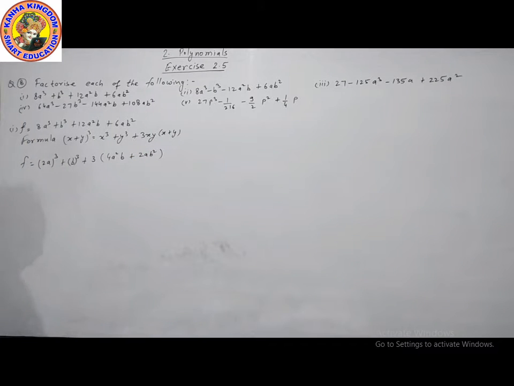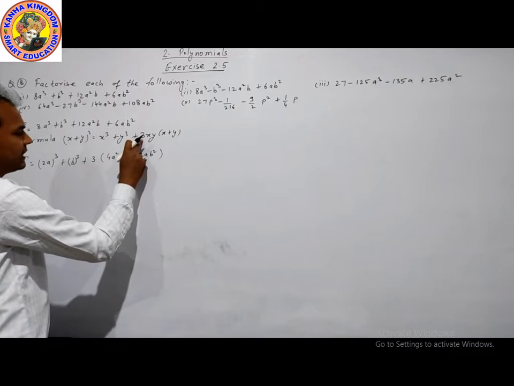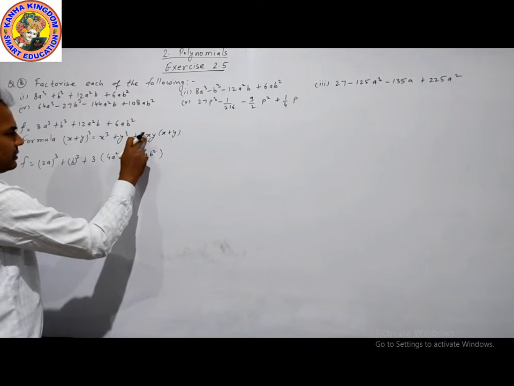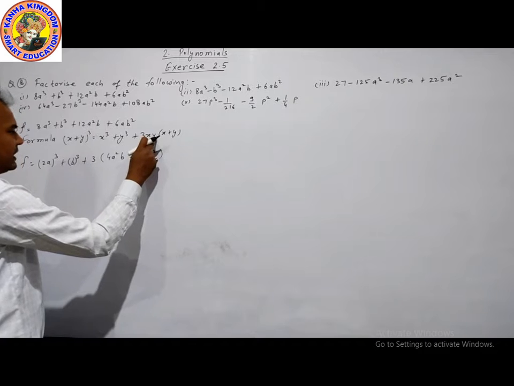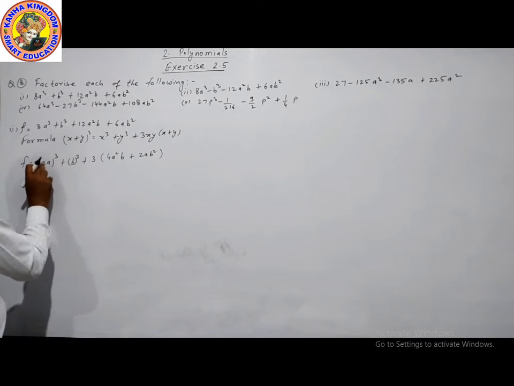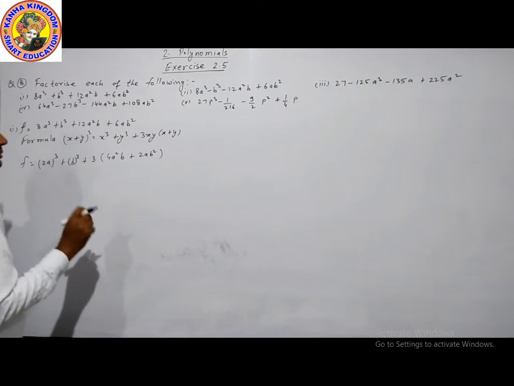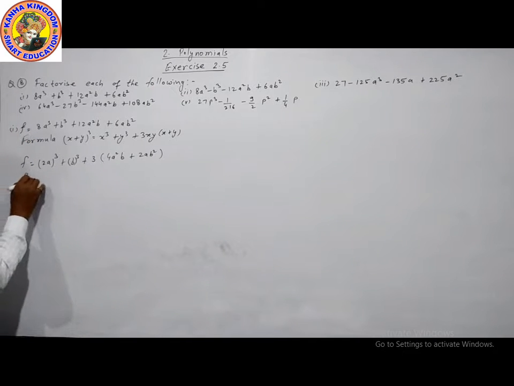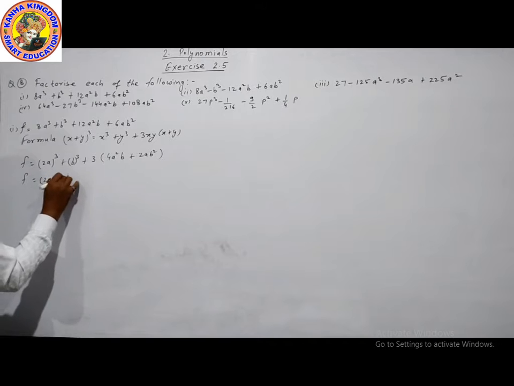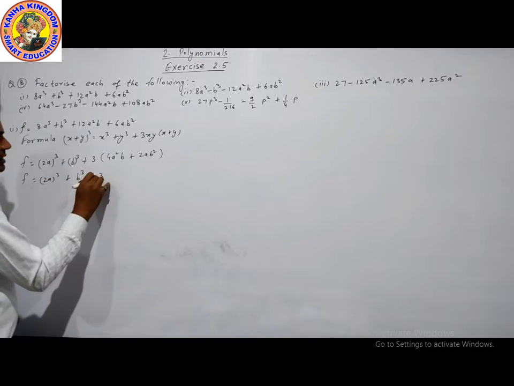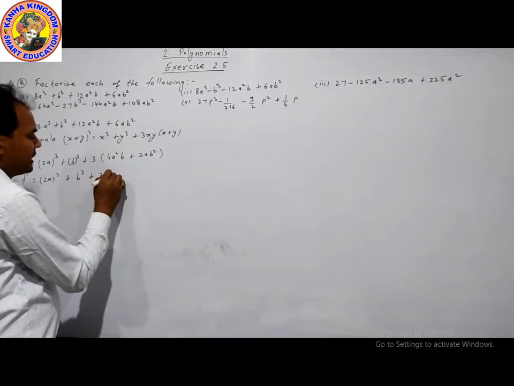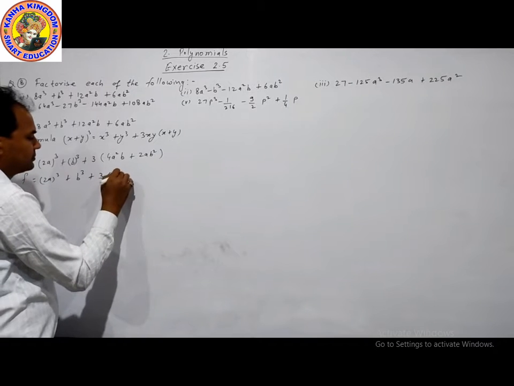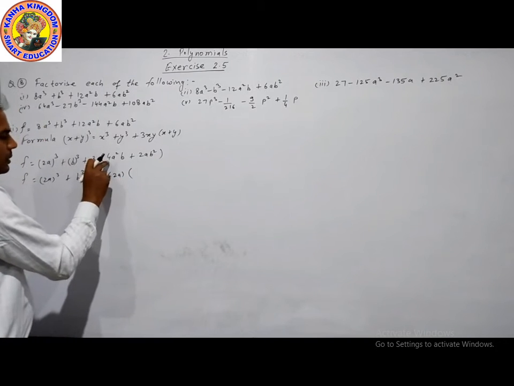This is our equation. Now, when we take 3 as a common part, we take x and y common. X is 2a, y is b. So we have 2a cube plus b cube plus 3. First of all, we take 2a common.